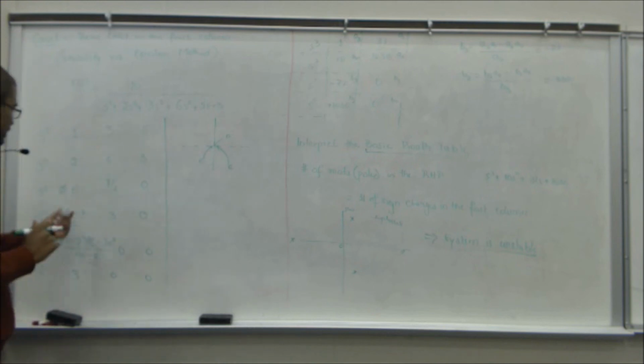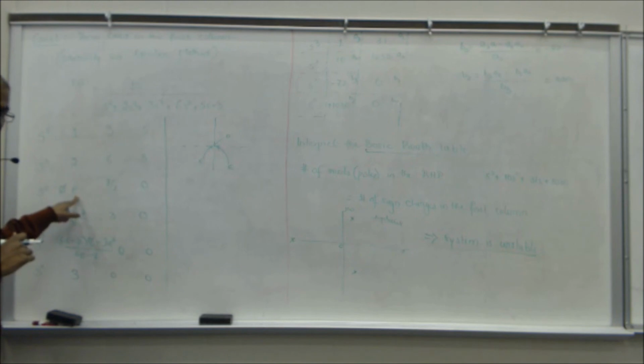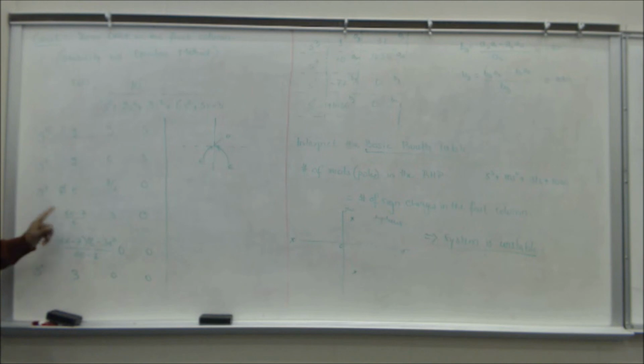First, let's start with positive. If epsilon is a very small positive number, okay? This is positive sign, right? What would this be? So 6 into a very small number minus 7, it will be negative, right?